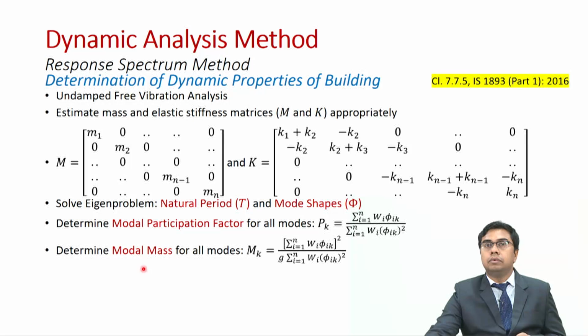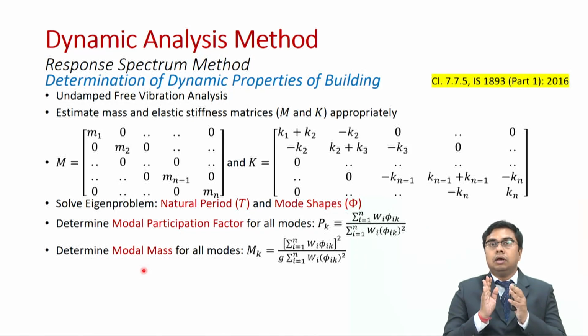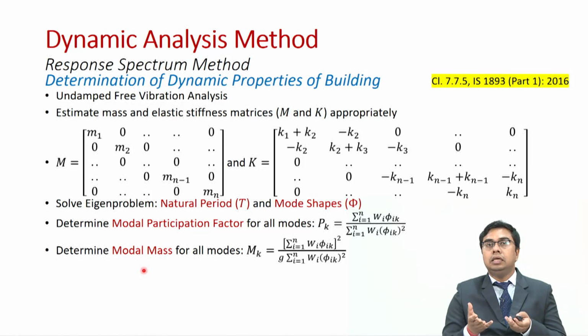At the same time, the modal mass represents the amount of mass that participates in any mode of oscillation. So what you will typically observe is that for fundamental modes the modal mass is also high, and as we move to higher modes, lesser and lesser mass participates in the motion, which means that the modal mass is likely to reduce for higher modes.